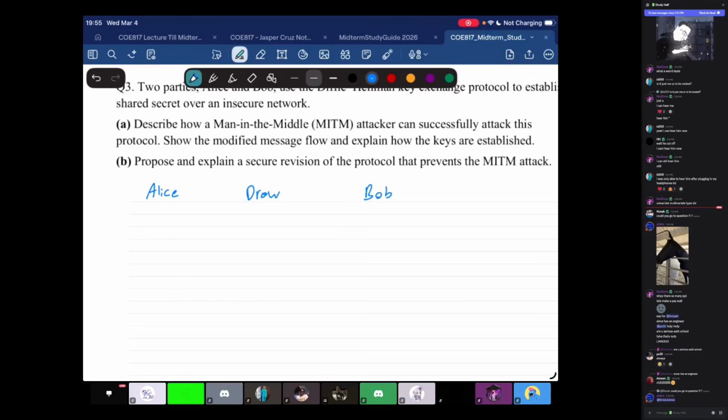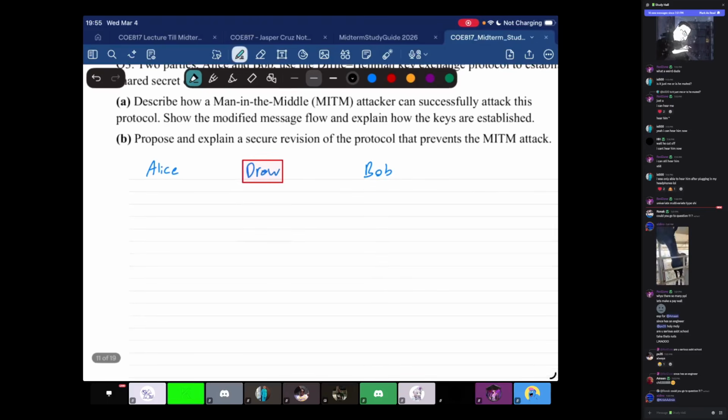So Drew is our intruder. This is a person that shouldn't gain access to said information, but they will due to a sequence of data transmissions that they will interfere with and grab hold of.